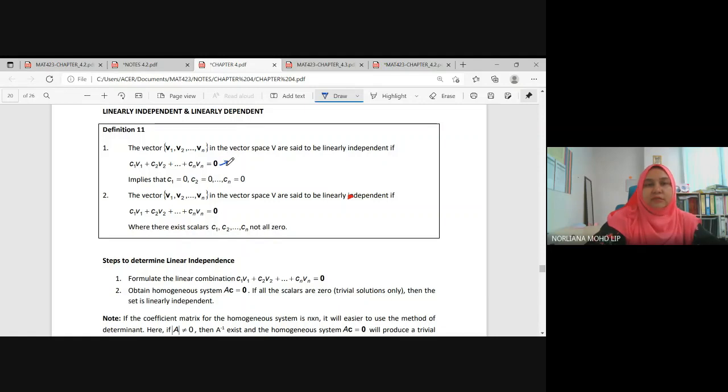This is a zero vector. Okay, then we find the value for C. Okay, implies that if C1 is equal to 0, C2 equal to 0 until Cn is equal to 0. Okay, therefore we can conclude that this set of vectors is linearly independent.